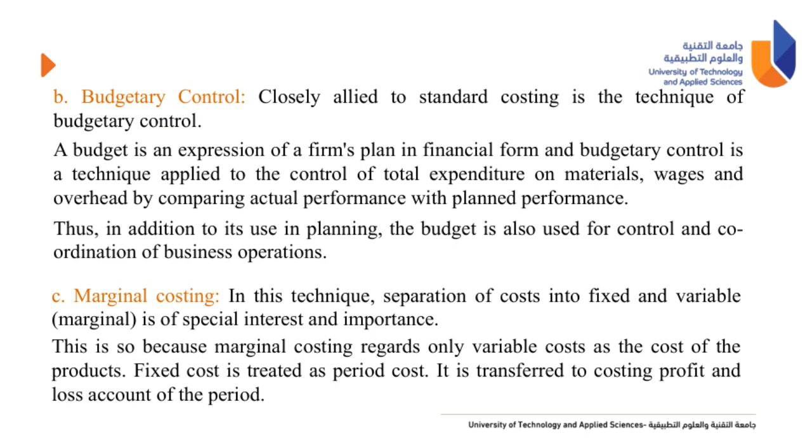By doing this, we can effectively control total expenditure on materials, wages, and overheads, ensuring that we stay within our financial plan. So, in summary, both marginal costing and budgetary control are vital tools. They help us make informed decisions, optimize resources, and maintain control over our financial performance.